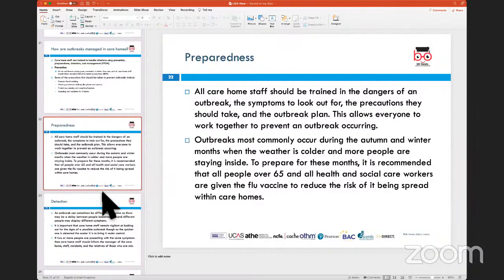So a lot of people were trained to observe basic guidelines of how infections can be controlled and how we reduce the spread of these infections within care homes.